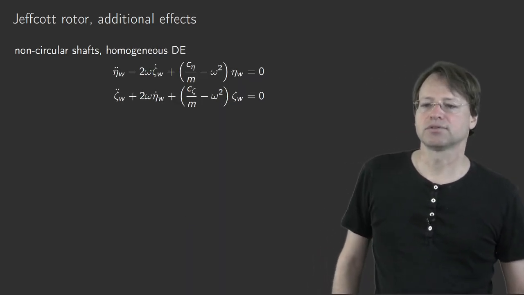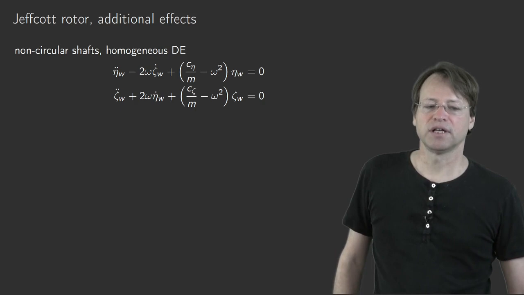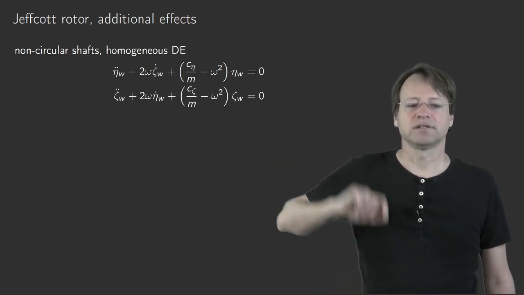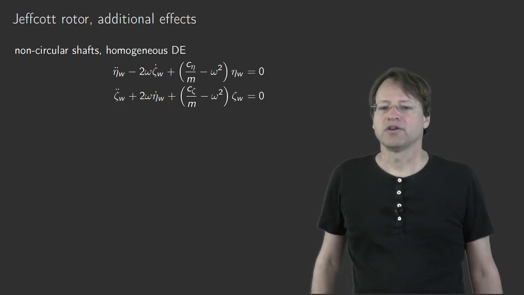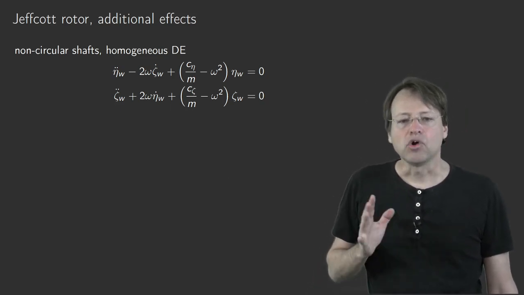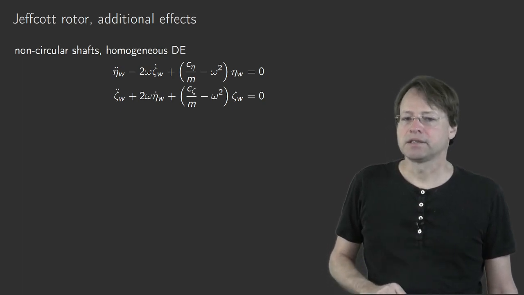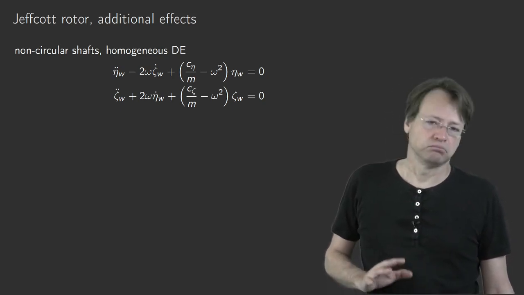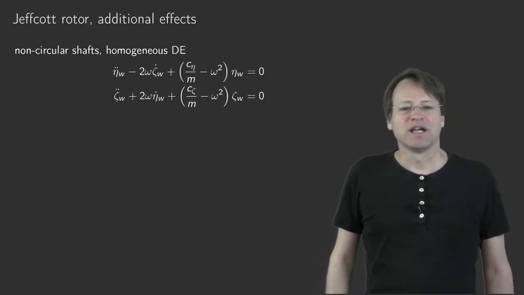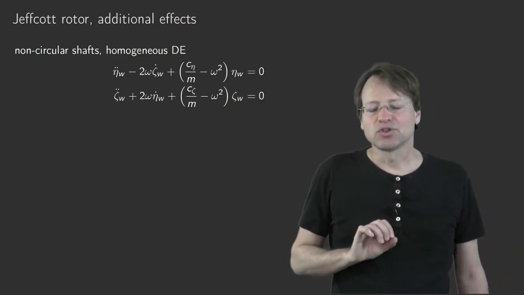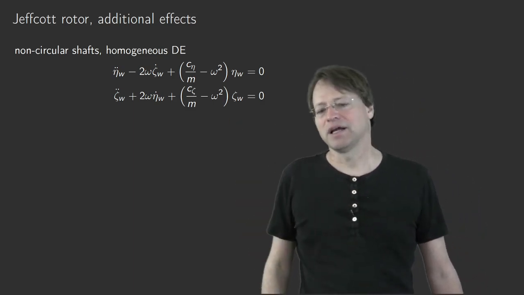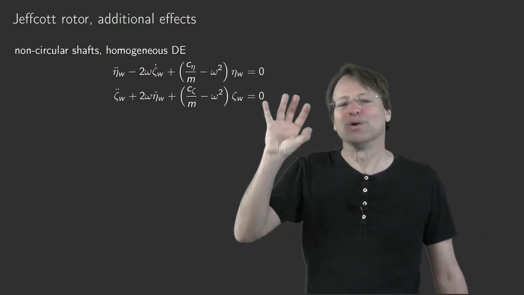To study the homogeneous differential equation, here you see the right-hand side is now equal to 0. And first of all, let's have a closer look at that system. I already indicated that there is something, not wrong, I would say, with that system, but something that you should focus your attention on, some kind of alert.